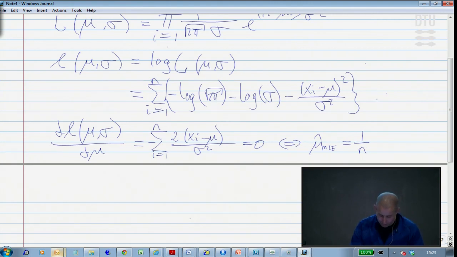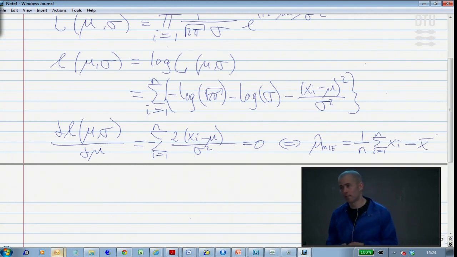Actually, I missed something here. Sorry about that. It's because I have the sum here, and the sum goes with the mu to produce n times mu, and this is why we have the sum of the x's divided by n to produce what we already knew. In a way, the way we estimate the mean in the normal is by computing the average of x. Let us see what the result is.